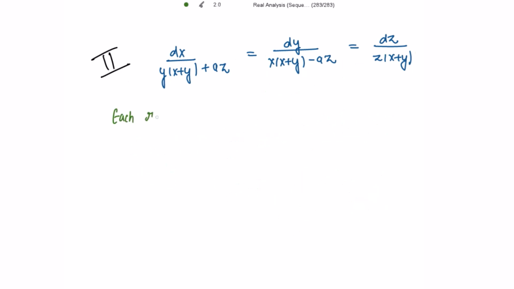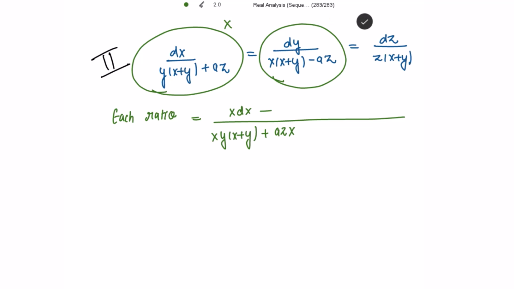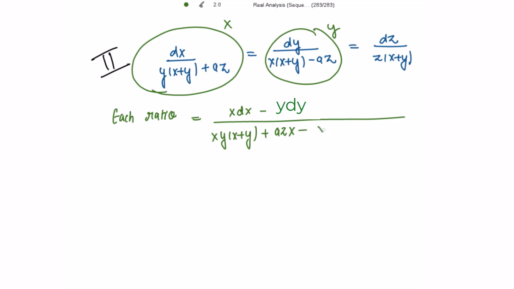So each ratio equals multiplying this first ratio with x. So this is x dx divided by xy into x plus y plus azx, and then subtracting this ratio, but first multiplied with y. Let's multiply this ratio with y and subtract: minus xy into x plus y plus azy.